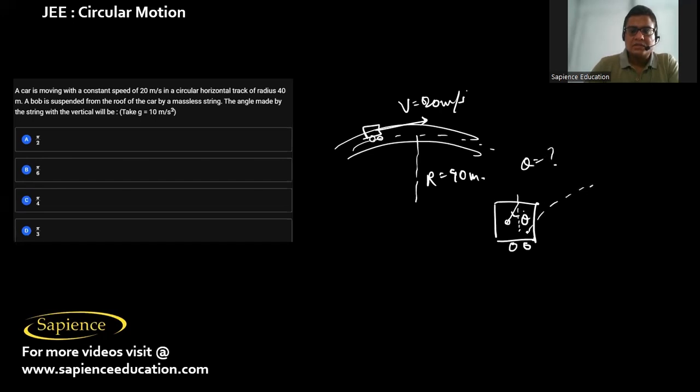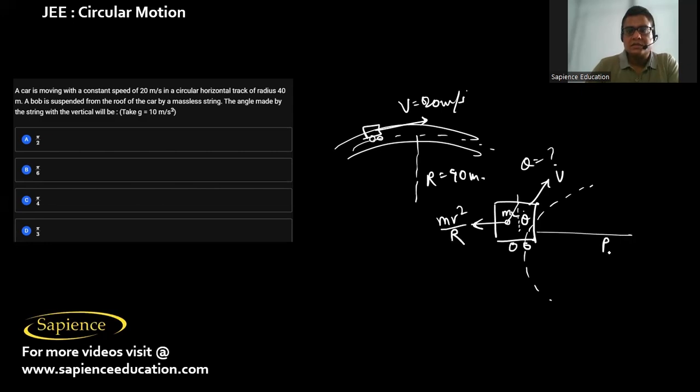If the car is moving in a curved road with a speed v, so here if we go inside the frame of the car, then pseudo force will act. If mass of the bob is m, then the centrifugal force will act, which is the pseudo force, that is m v square by r.